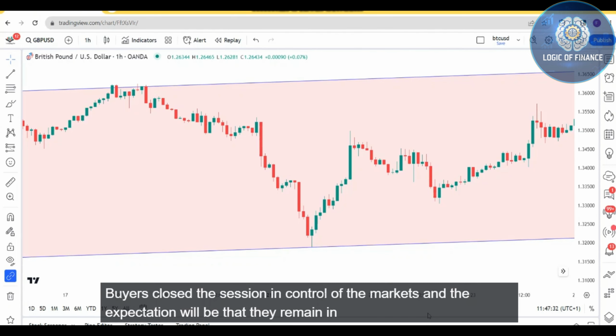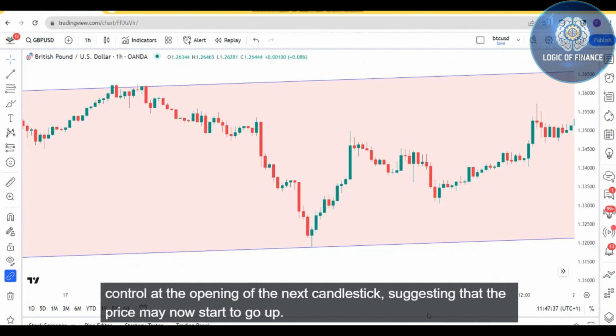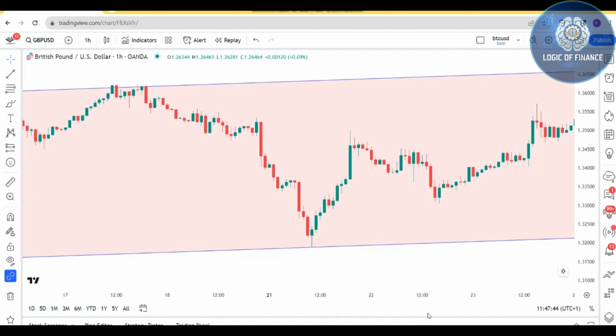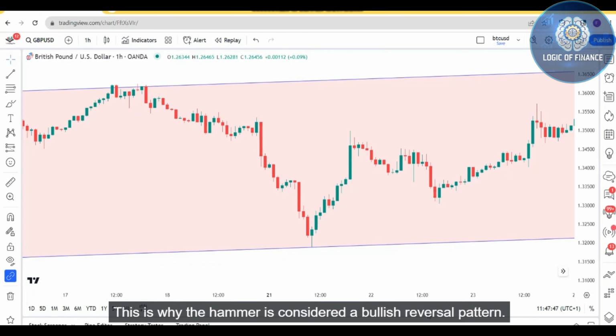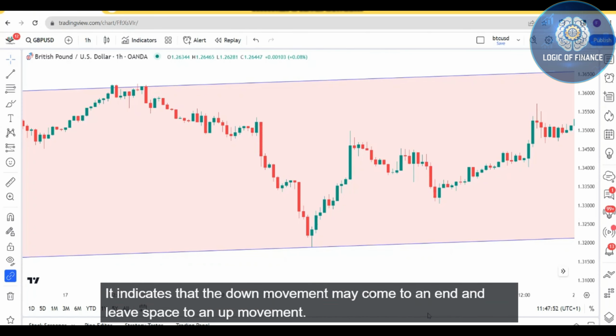Buyers closed the session in control of the market, and the expectation will be that they remain in control at the opening of the next candlestick, suggesting that the price may now start to go up. This is why the hammer is considered a bullish reversal pattern. It indicates that the down movement may come to an end and leave space to an up movement.